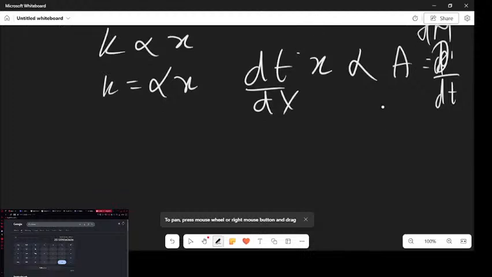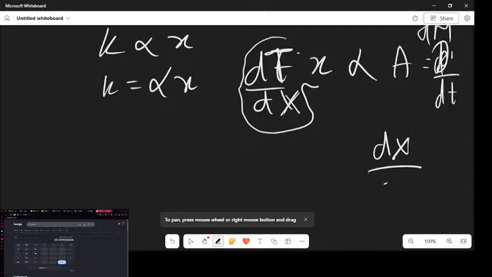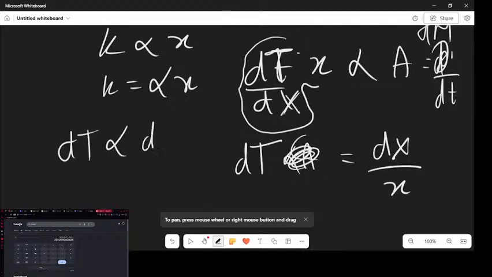Now with the change in temperature, since this is the temperature gradient, how is it going to vary with dx by x? dT is proportional to alpha dx by x.